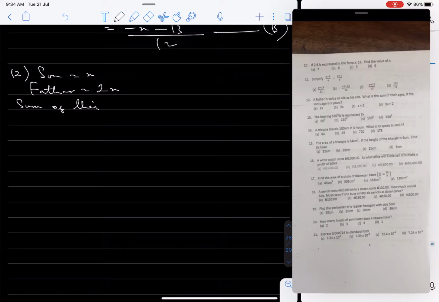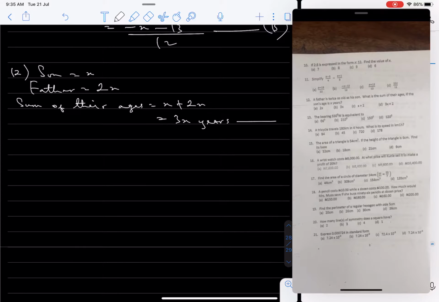Sum of their ages is therefore x plus 2x, that's a piece of cake actually. Sum of their ages equals 3x years. And the correct option to that is B.